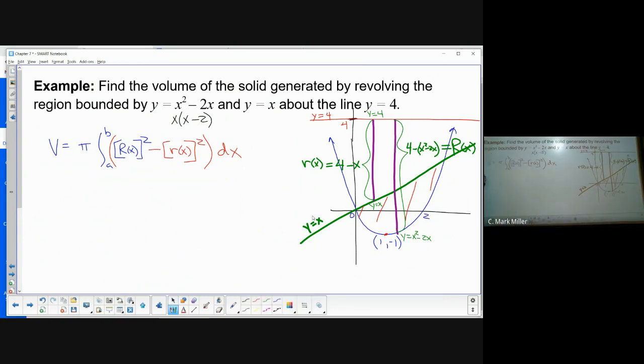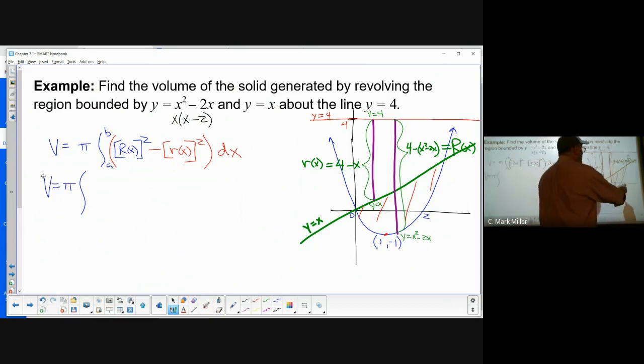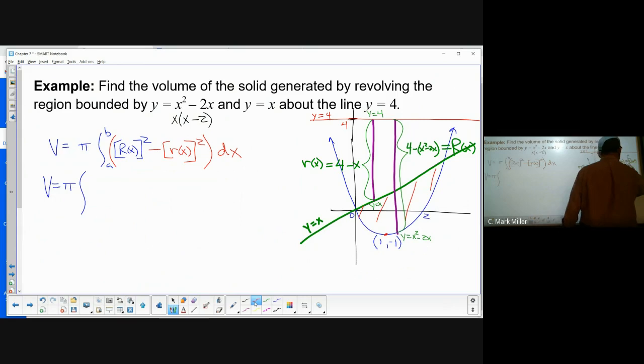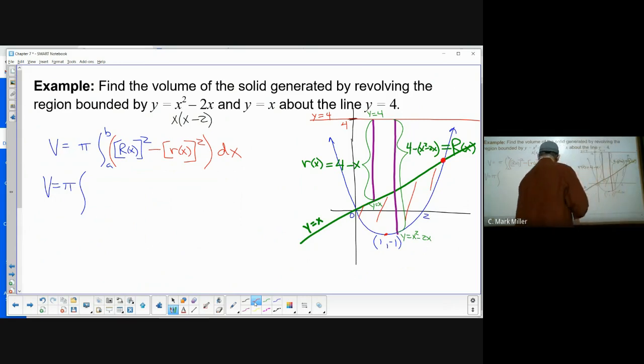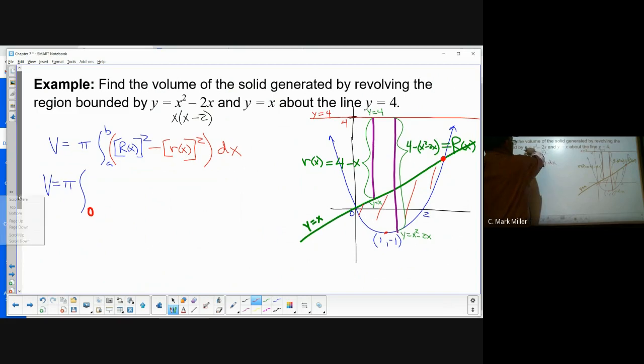So V is going to be pi, integral from what to what? Ooh, that's interesting. What is this point right here? We know we have 0 on the bottom. What's that point over there? Well, it's not going to be 2. It's going to be further than 2. We have to do the same thing we did earlier. We have to set these equal.